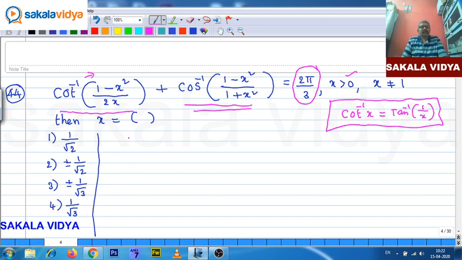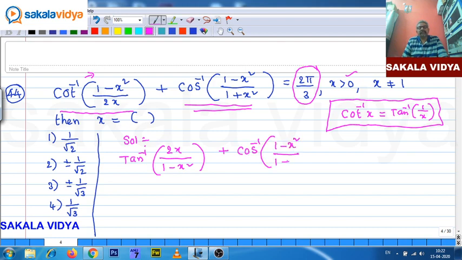Now the solution becomes like this. The cot inverse of (1 minus x square) by 2x can be written as tan inverse of 2x by (1 minus x square) plus cos inverse of (1 minus x square) by (1 plus x square). Don't change it, already it is in standard form. So equals 2 pi by 3.